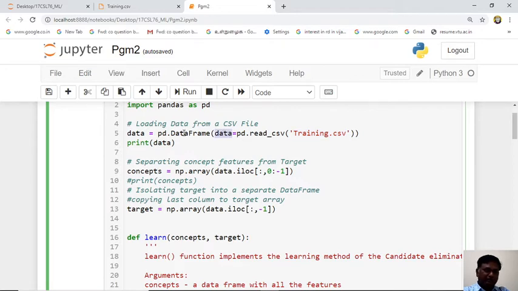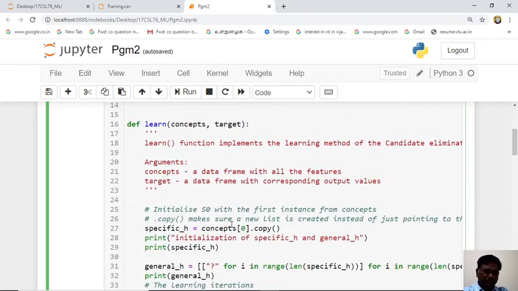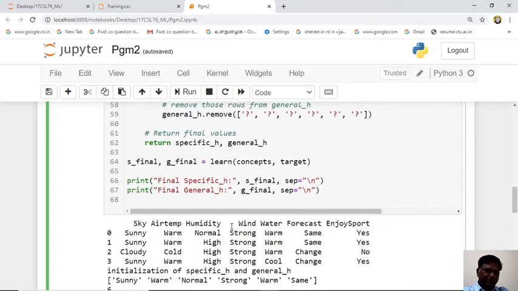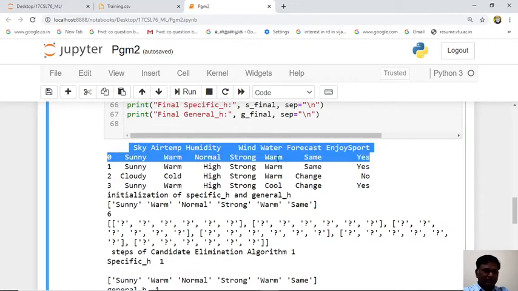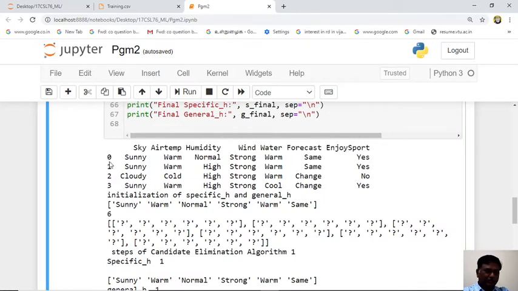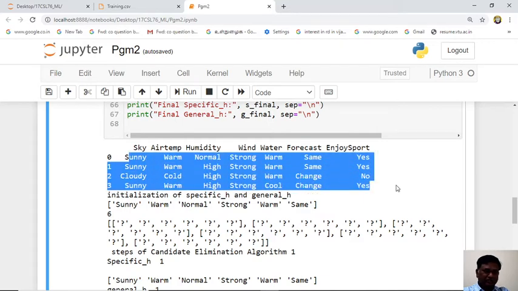That data we are again converting to a data frame. Just by printing the data you can see all the data. Along with the heading, the data frame will print your output. You can see the heading is here and it automatically puts row numbers 0, 1, 2, 3, and this is our input.